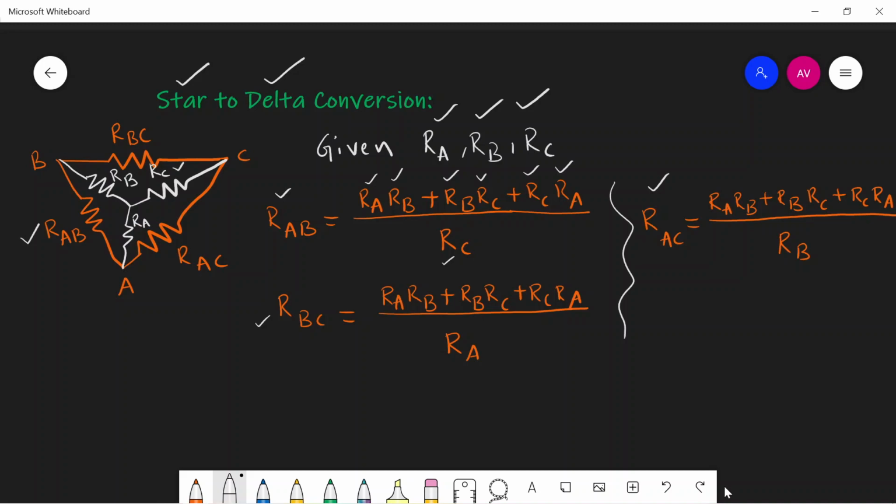Next, Rbc equal to Ra into Rb plus Rb into Rc plus Rc into Ra divided by opposite resistance Ra. And Rac equal to Ra into Rb plus Rb into Rc plus Rc into Ra divided by opposite resistance Rb. These are the formula required to convert star to delta network.